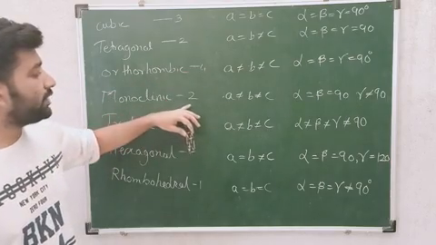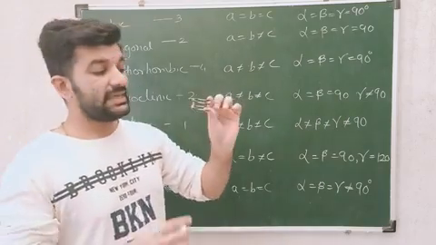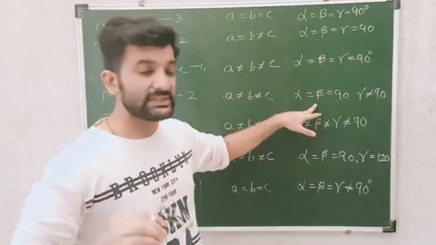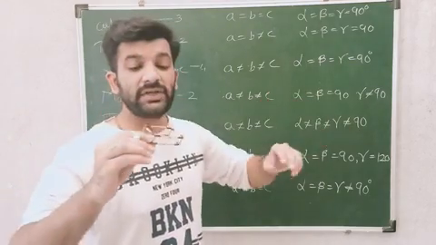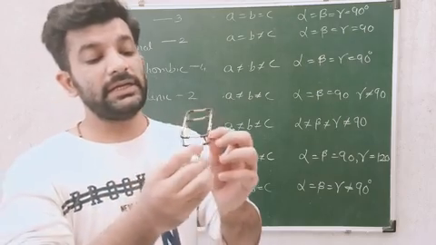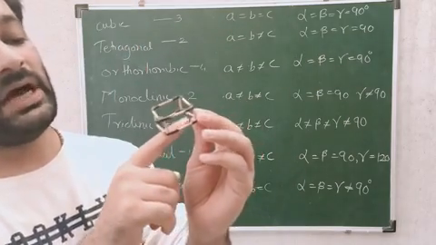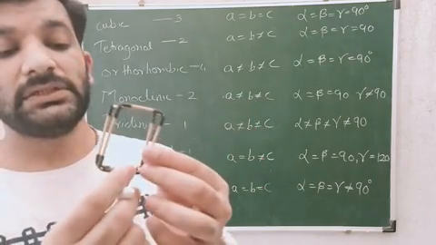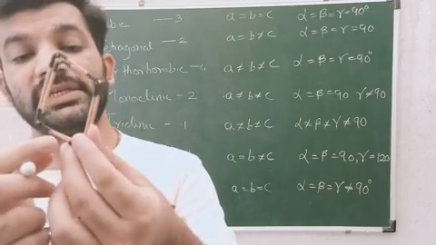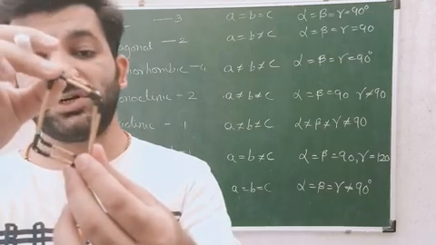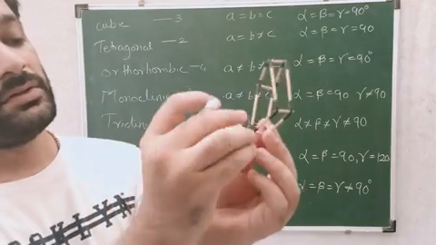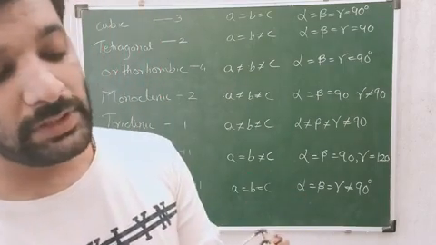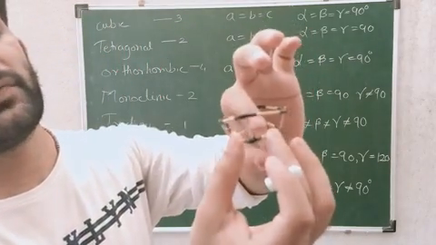Next is what? Monoclinic, where we have the same case, the edge lengths are different, but what will happen? First the angle was 90, now the angle between A and B will not be 90. Now what? The angles alpha and gamma, means what? I can change the size of the base. If this is the base, I am changing the size of that base. Here you can see I am changing the size of the base.